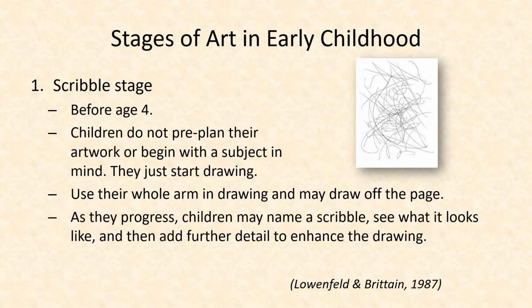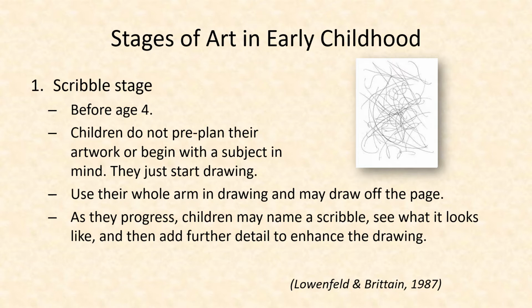Now, as they progress a little further, we find that after children draw like this, they may even name the scribble. So, in other words, what they're really doing here is they are drawing first, and then they're stopping to see what it looks like to them, and then they add some other further detail afterwards to enhance that, which is interesting because as children get older, and us today as adults, we would do the opposite.